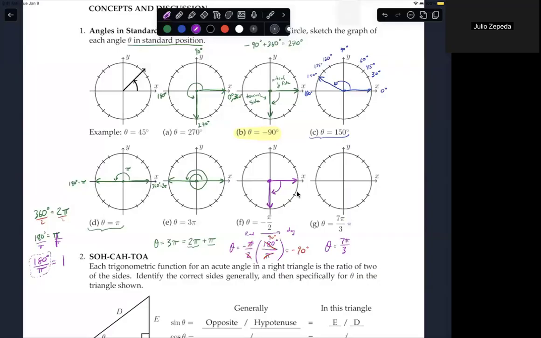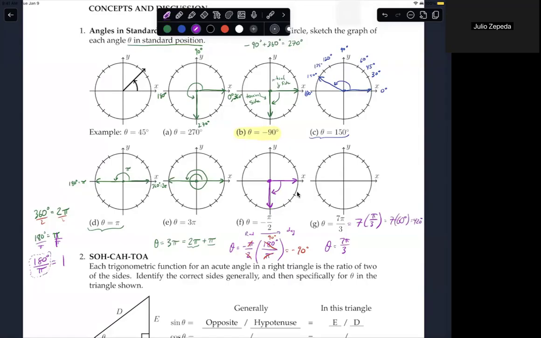So this can be read a few different ways. This is 7 pi over 3 angles. And so pi over 3 is 60 degrees. So this is 7 60-degree angles, which is 420 degrees. And 420 degrees, that is more than 360.